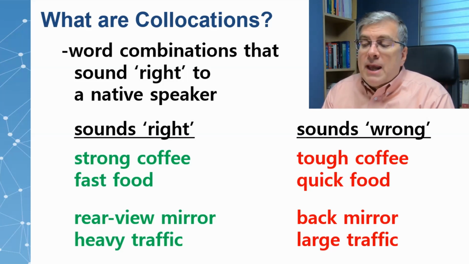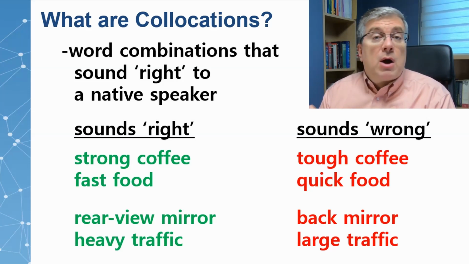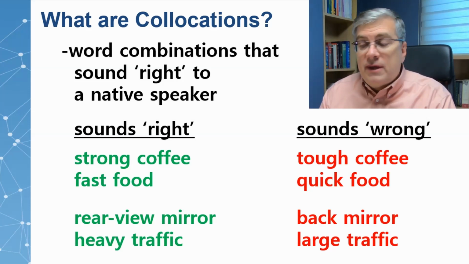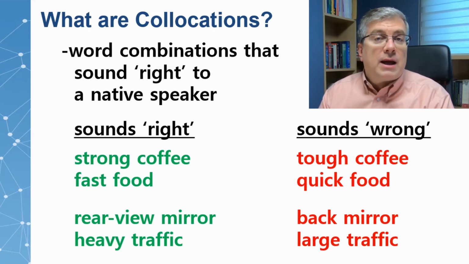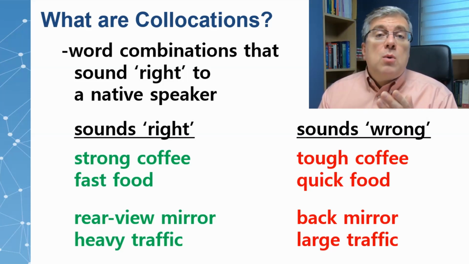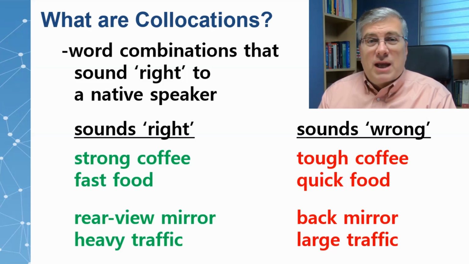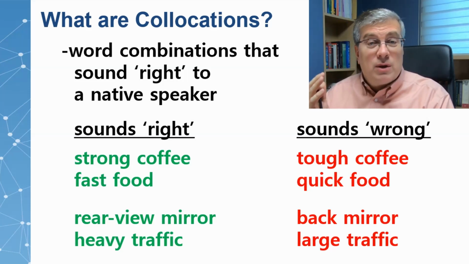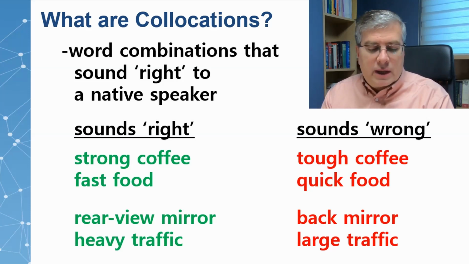For example, in English, if you're talking about coffee, and you're asking somebody, how do you like your coffee? Of course, many people will say, I like my coffee strong. I like strong coffee. If you are a learner of English and you look in your dictionary, perhaps you're thinking of strong in your native language, and of course it's a different word. And you look in the dictionary and you see, okay, in my language, we have this word for strong.